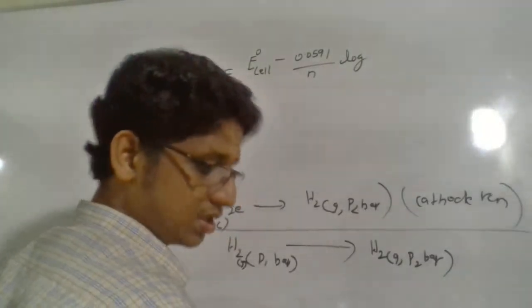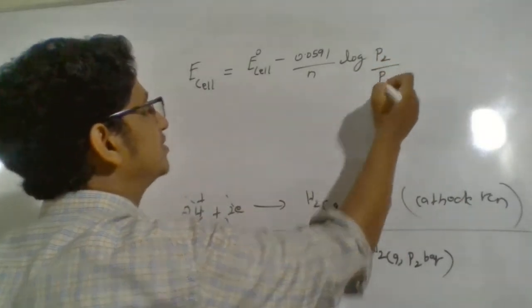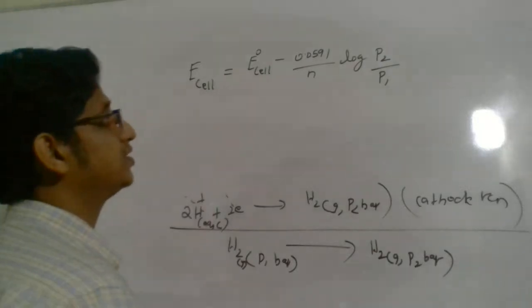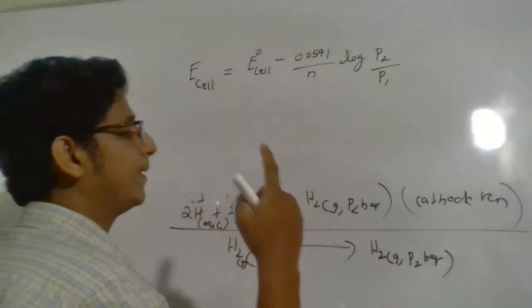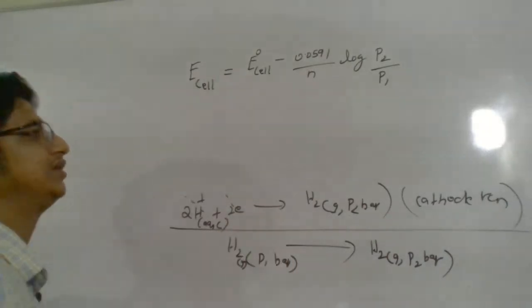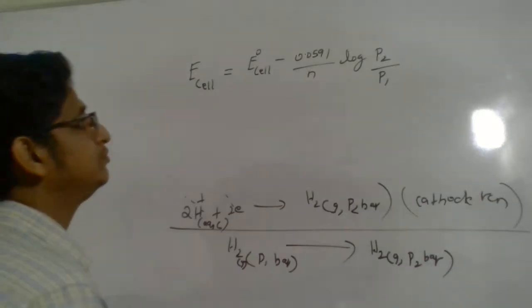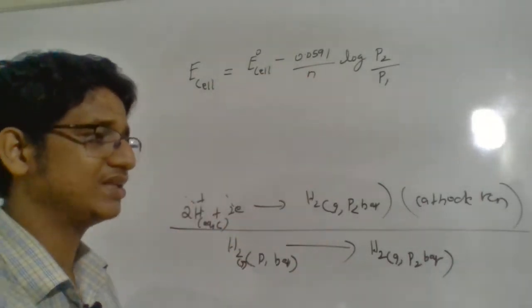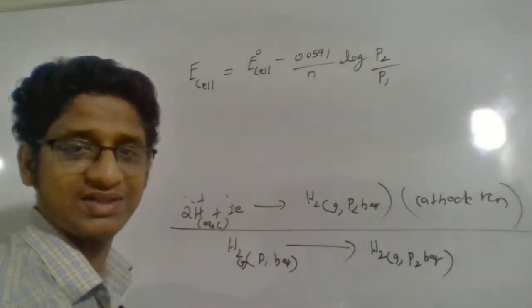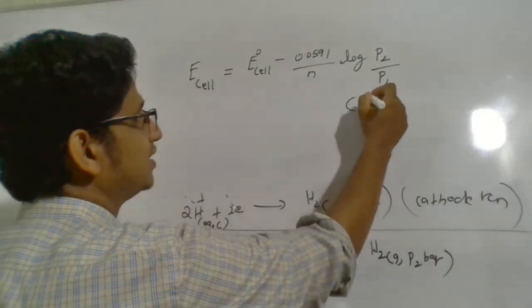So P2 divided by P1. That will be the equation for the EMF of the cell, where P2 is the pressure of the gas at the cathode and P1 is the pressure of the gas at the anode. We know for a hydrogen electrode the standard electrode potential is E0, so E0 cell will be equal to 0. So let us apply that.